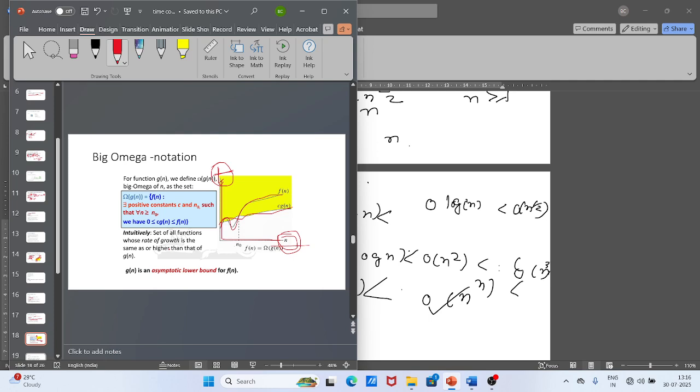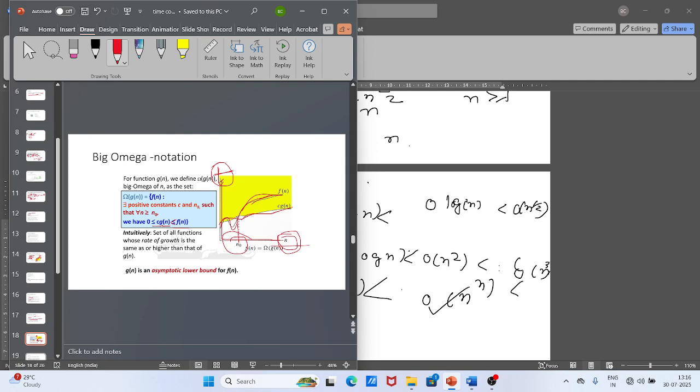That's why the best case does not give a guarantee. But you check this: c of g(n) less than or equal to f(n). Just see the picture. f(n) is always greater than c of g(n) after a certain point, and you have to find this n0.